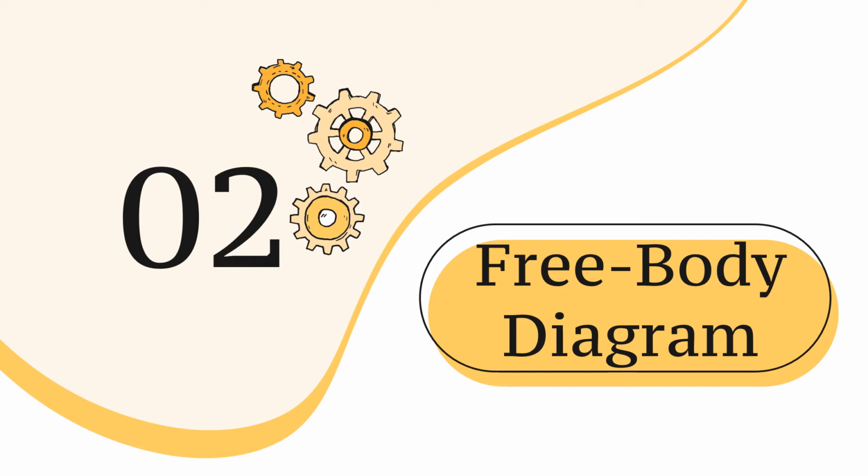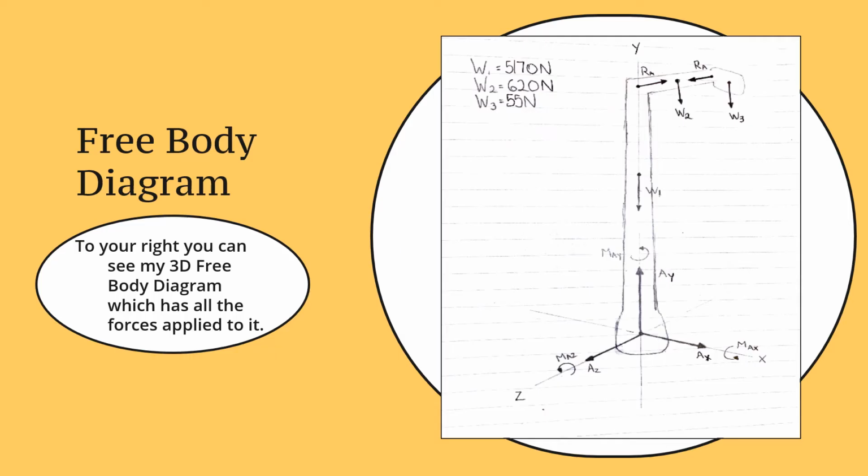So first, let's see the free body diagram. Here on your right, you can see a free body diagram which has 6 unknowns: 3 forces on the x, y, and z axis, as well as 3 moments which occur on the x, y, and z axis as well.